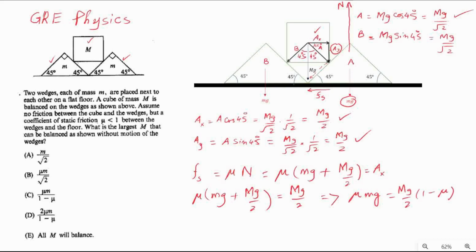And g and g cancel out, and you are interested in the value of capital M, so just bring this 2 here and 1 minus mu down. So capital M will be equal to 2 times mu m divided by 1 minus mu. And this is the correct answer. Here it is answer D. So answer D is the correct answer. Thanks for watching, guys.